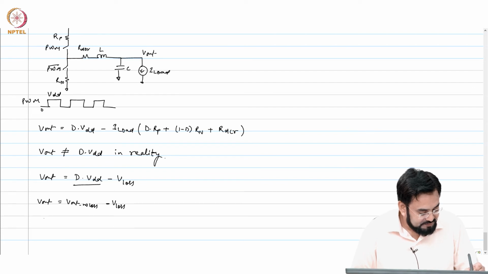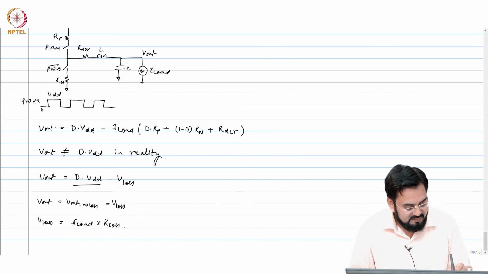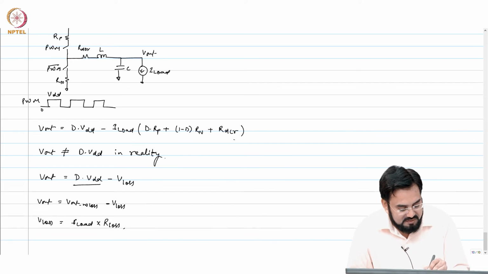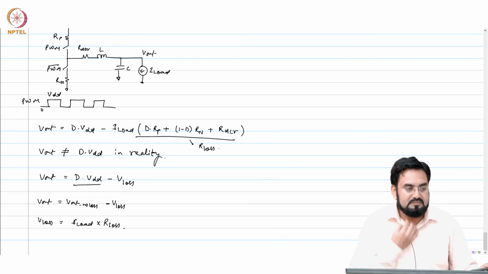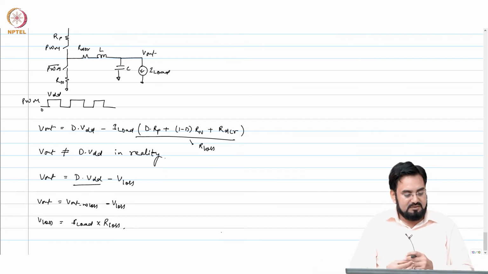And V loss is defined as I load into R loss, where R loss is nothing but this component. When you add everything together, that is what you get.